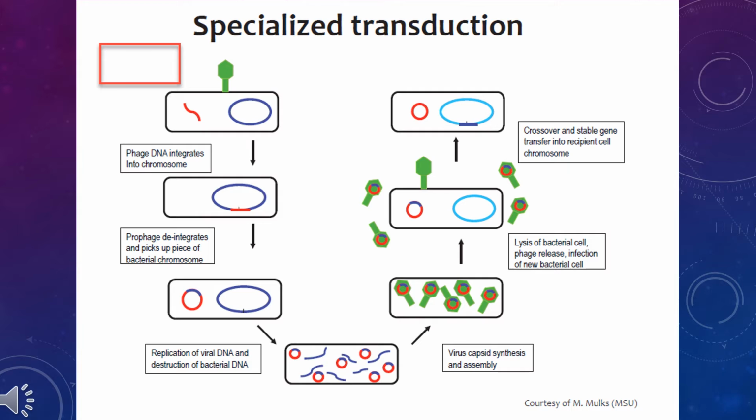So let's move on to specialized transduction and how this type of transduction happens. In specialized transduction, it also starts with the same mechanism as generalized transduction, where we have this bacterial cell containing bacterial DNA. In this example, we can say that this bacterial cell has been successfully infected by a bacteriophage because of the presence of a prophage, as you can see.